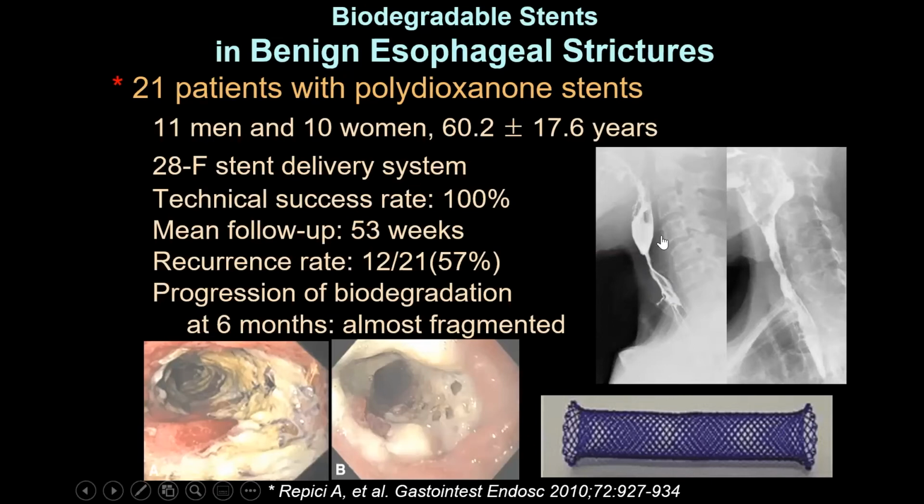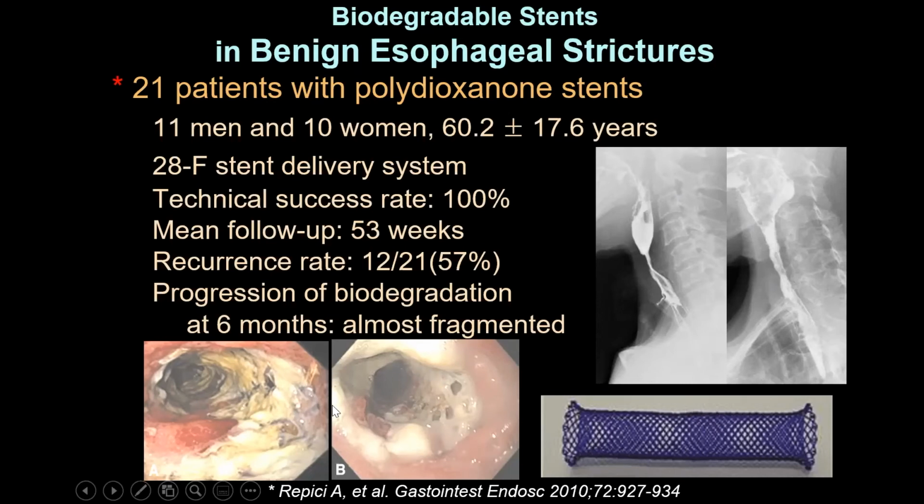They placed a polydioxanone stent with use of 28 French delivery system with a good result. And these are endoscopic photograms 1 month and 2 months after stent placement, showing progression of biodegradation.